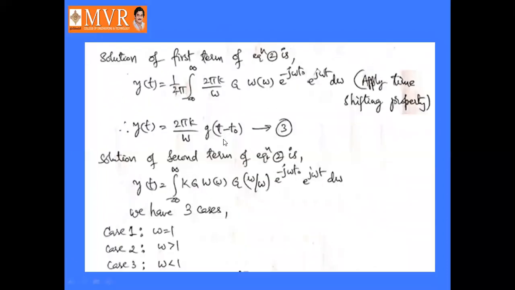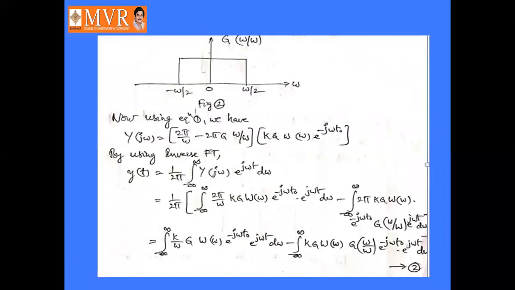So replace omega by 2 with 1 by 2. So y of t equals the integral from minus 1 by 2 to plus 1 by 2 of k into omega value, which becomes 1. Okay, see the above expression, this is equation number 2.